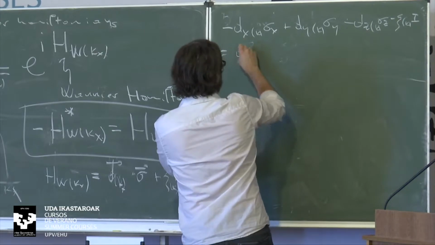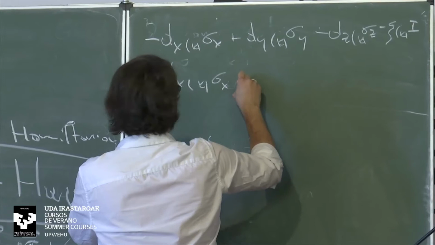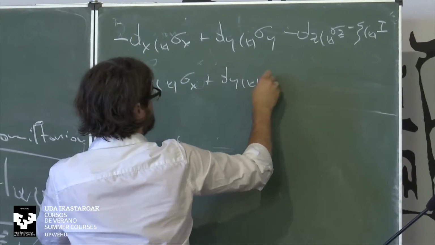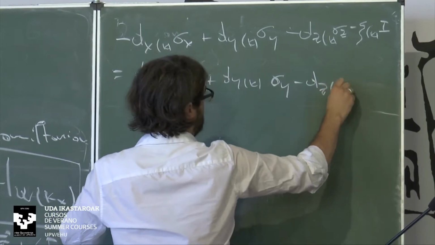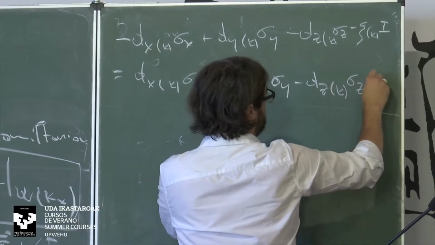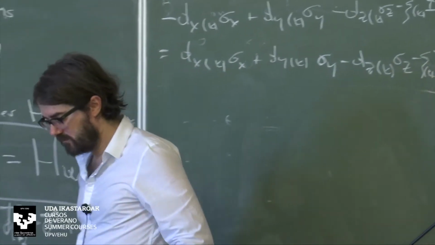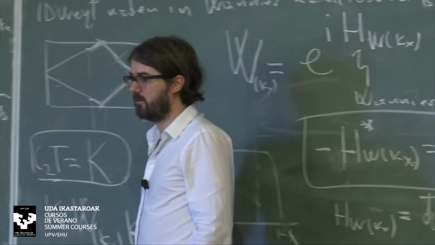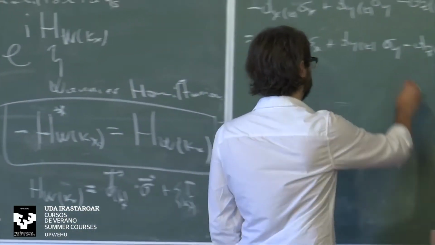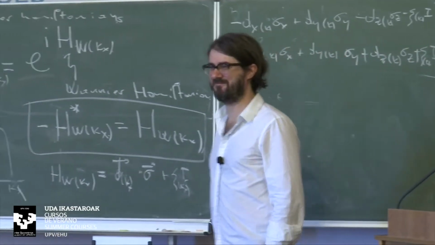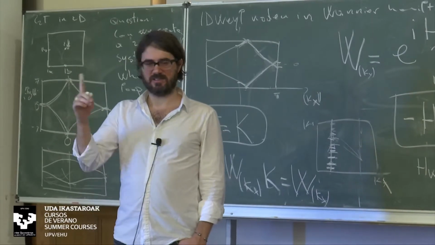This has to be equal to dx of k sigma x plus dy of k sigma y minus dz of k sigma z minus epsilon of k times identity. Is that clear? Sorry, dyslexia again, thank you. I was just keeping you guys in check.